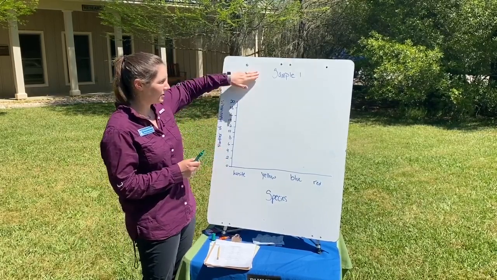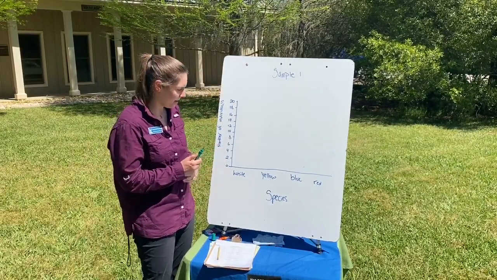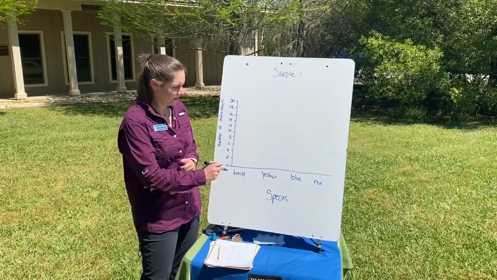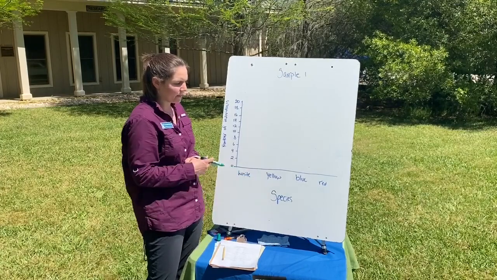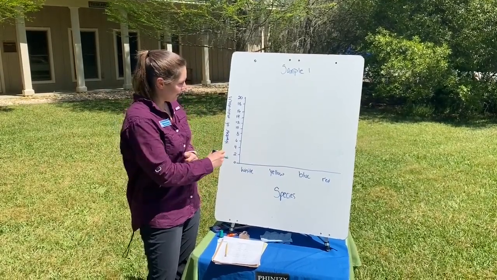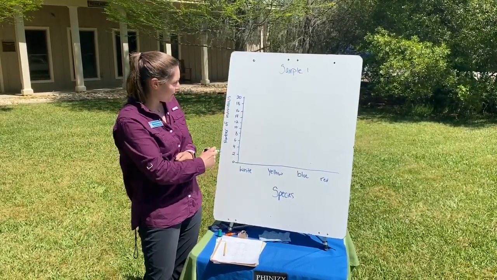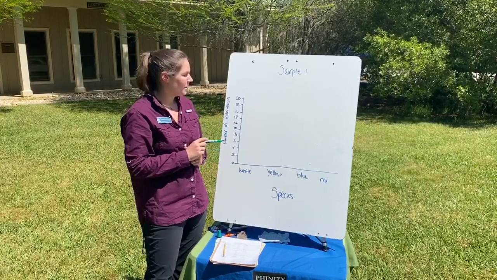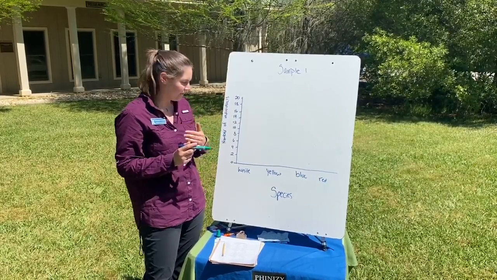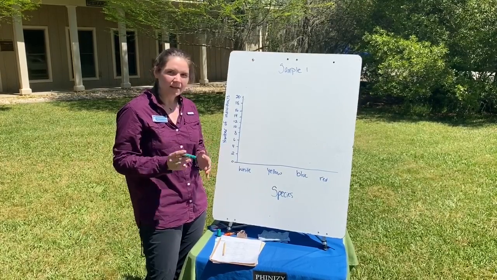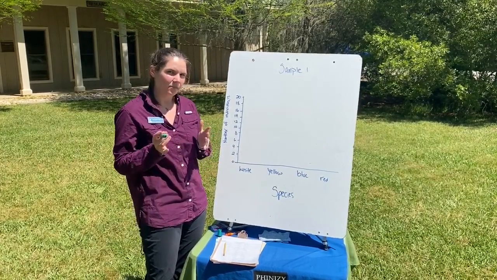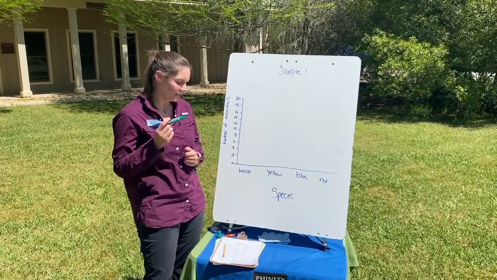Again, we're just looking at sample 1 here, and hopefully you remember from last week that on the bottom here, this is our x-axis, and we have the different species here. And then on the y-axis, we have the number of individuals. I'm just going to be graphing the white for you. For sample 1, the number of white chips that we counted from our sampling was 10.